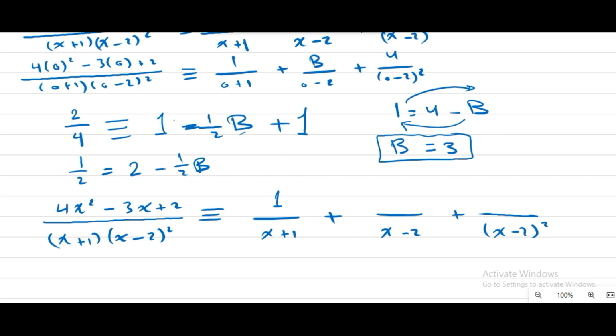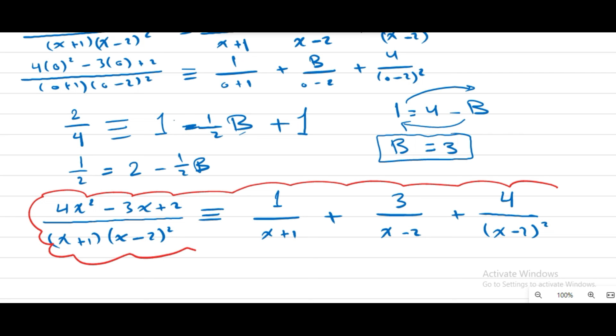A equals 1, B equals 3 and C equals 4, and this is the final form for this question.